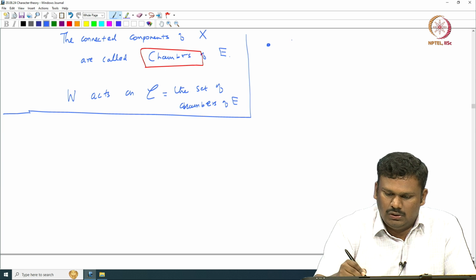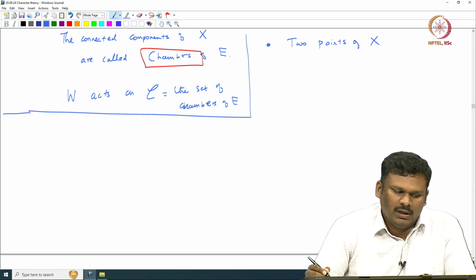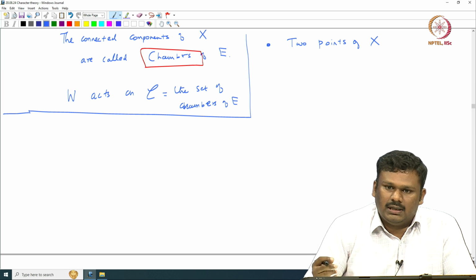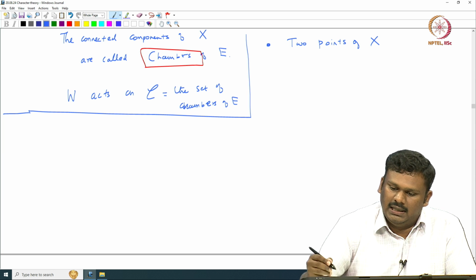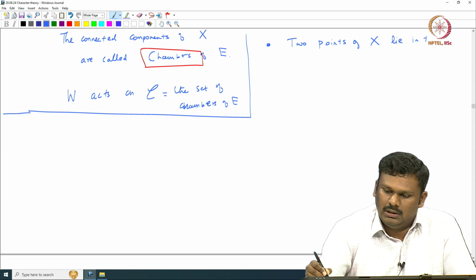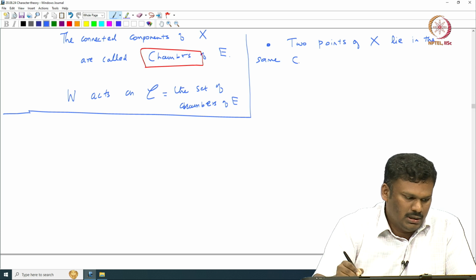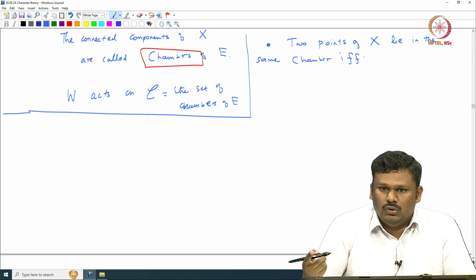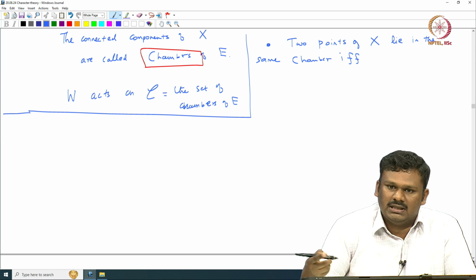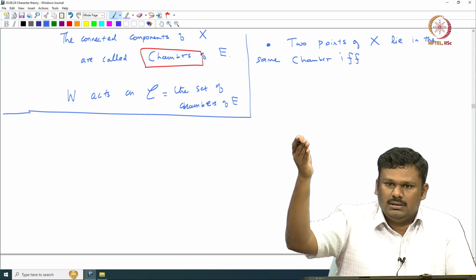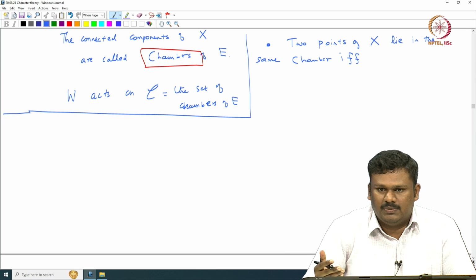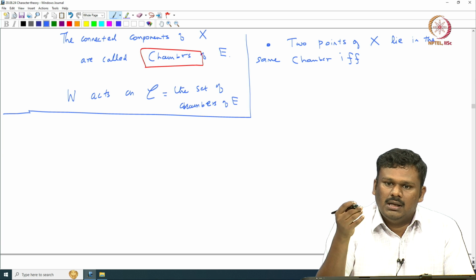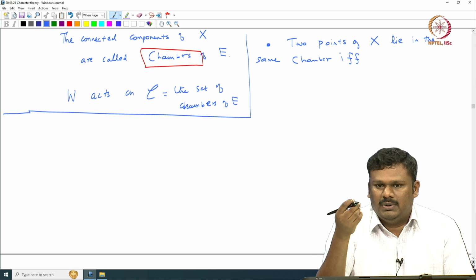If I take 2 points of this X, I am going to look at when they lie in the same chamber. They lie in the same chamber if and only if, you look at the reflecting hyperplane, which is H alpha. You have removed that H alpha from the Euclidean space, and if these 2 points lie in one of the chambers, then they must lie on the same side of the hyperplane, there is no other option.